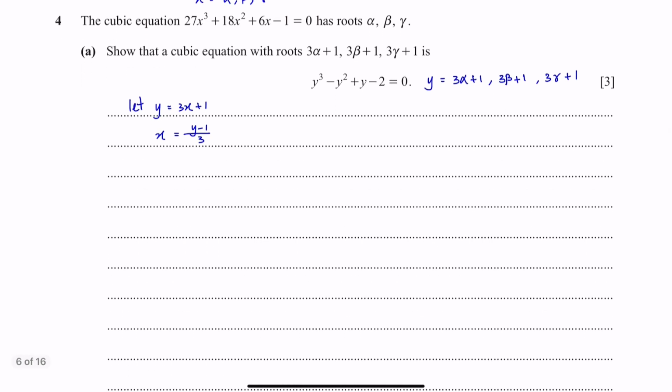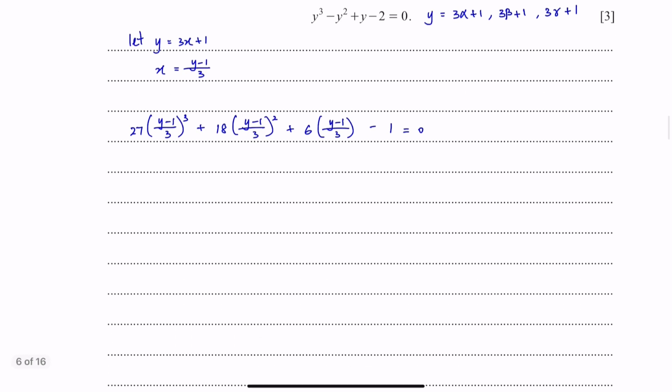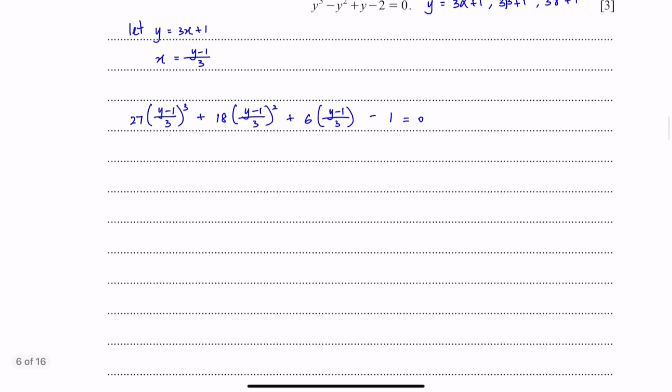And we sub this into the original equation to get 27 times (y minus 1 over 3) cubed plus 18 times (y minus 1 over 3) squared plus 6 times (y minus 1 over 3) minus 1 equals 0. Now we expand the brackets. 3 cubed is 27, so this can be cancelled off.